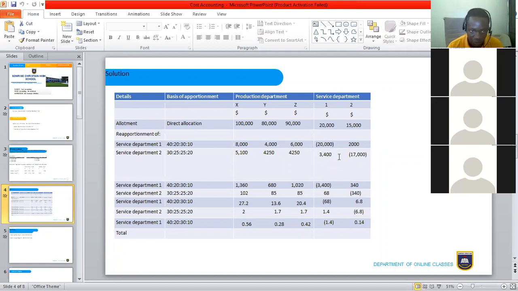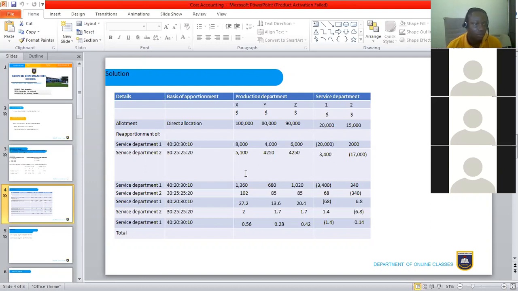So we've got a new figure, which is 3,400. Okay, so that's the next figure that we will have to reapportion, and this falls under service department 1. So we must go back to the question and then get to know the figures that must be used for the reapportionment. Okay, and that is 40, 20, 30, and 10% respectively.